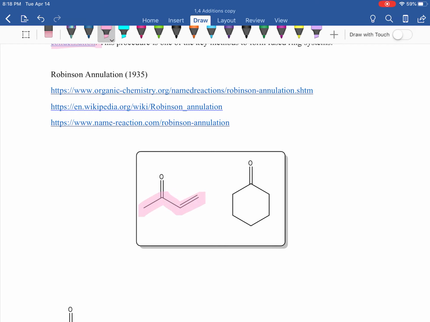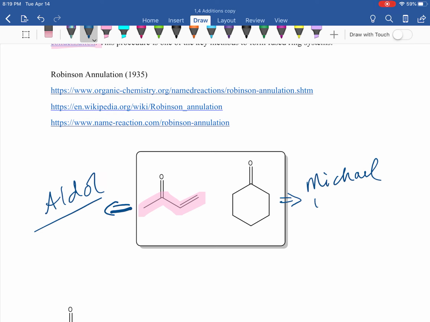So what if we imagine a 1,4 addition here? Now we already know we can make that using aldol chemistry. Okay. And then what if we use a ketone? Now we just saw that we can make this with a Michael and a 1,4 addition. Well, our 1,4 addition is our Michael.